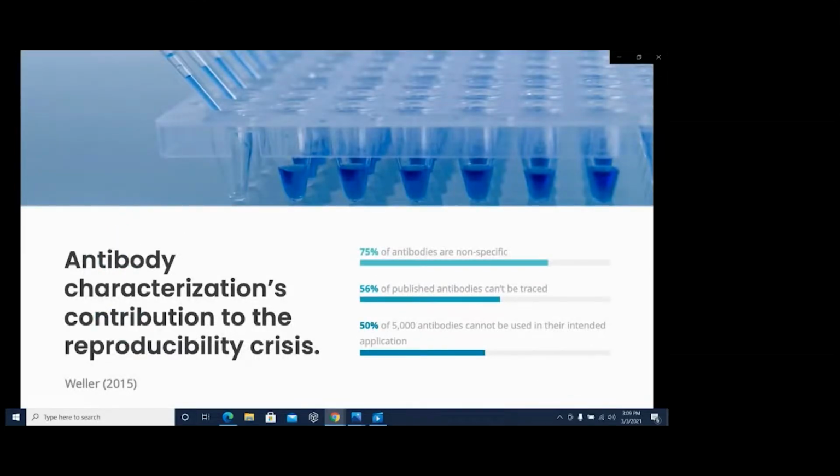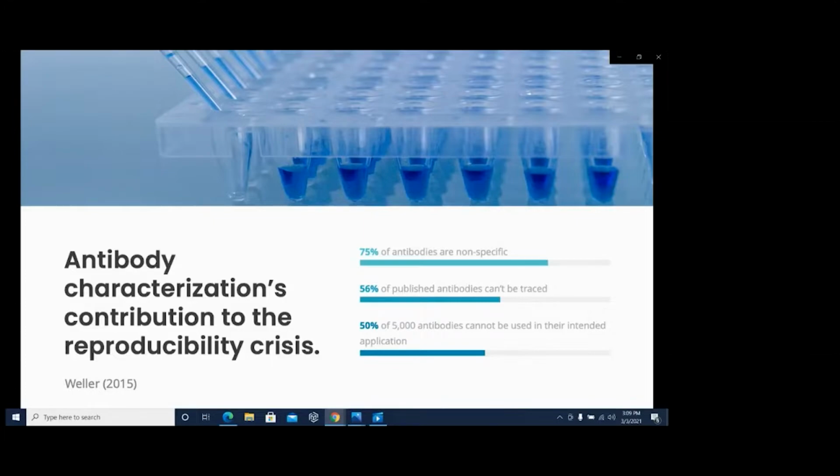And I know that these might just sound like horror stories, but unfortunately, they're not new and they're not unique. The issues that I've been describing here today have been coined the reproducibility crisis, and we've known about it for years now.